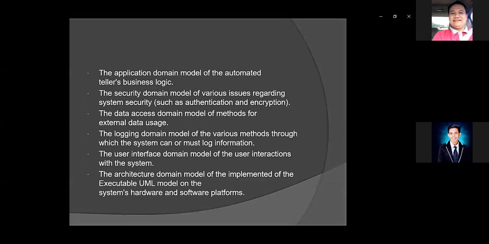The logging domain models the various methods through which the system can or must log information. The user interface domain models the user interaction with the system. The architecture domain models the implementation of the executable UML model on the system hardware and software platforms.